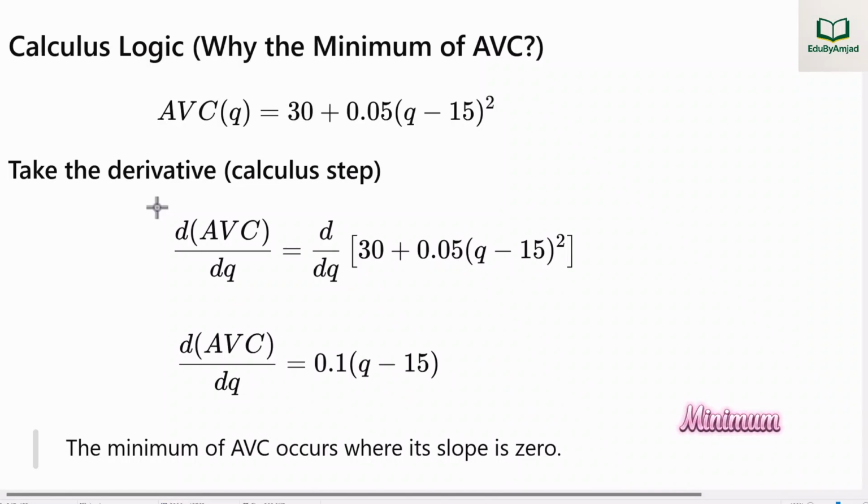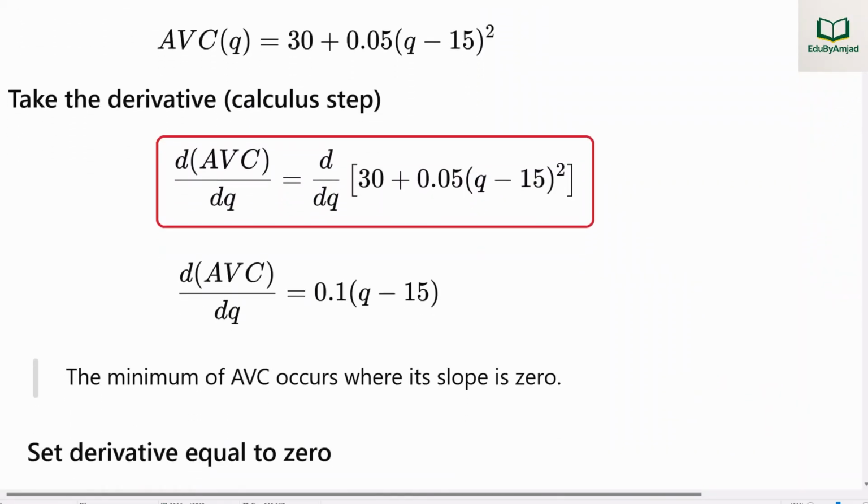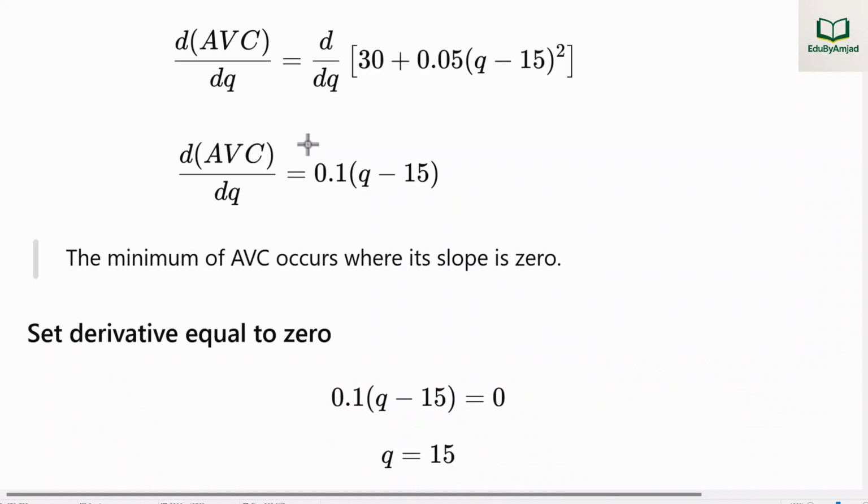To find that minimum, we use calculus. Take the derivative of AVC with respect to Q. The derivative of AVC equals 0.1 times (Q minus 15).